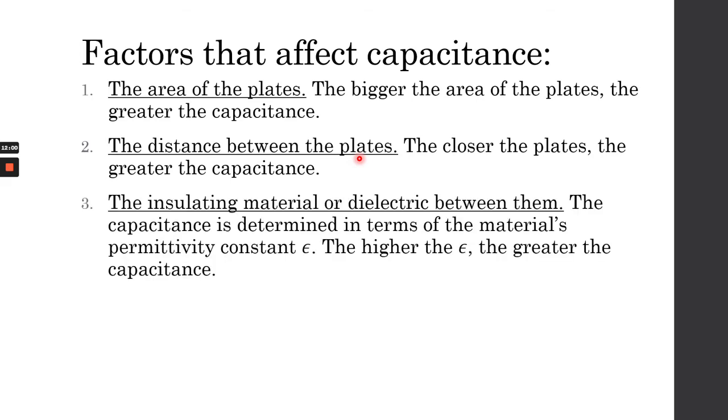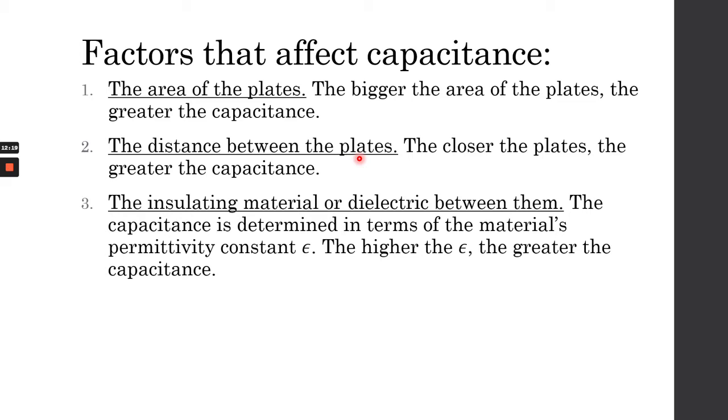And third, the insulating material or dielectric between them. I mentioned earlier, you tend to place something in between these two plates or two metals. This material in between them is usually an insulating material that we call a dielectric.